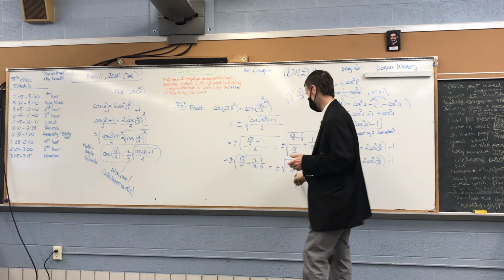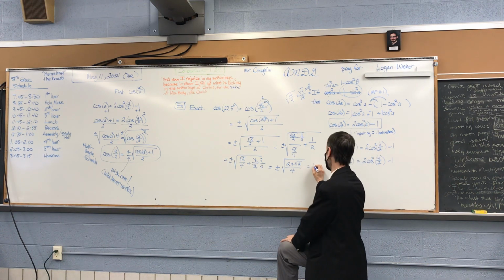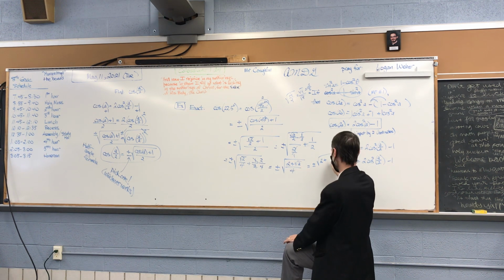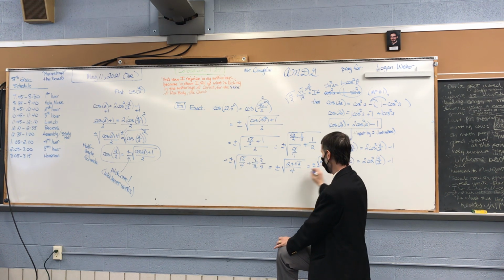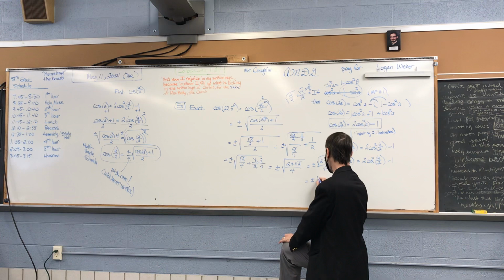Do that same thing over here. So the top you can't do much: 2 plus, and your eyes are not deceiving you, this is a square root inside a square root. What's the bottom? What is that, really? Yeah, this problem is addicted to 2's. Radical 2 plus radical 2, all over 2.